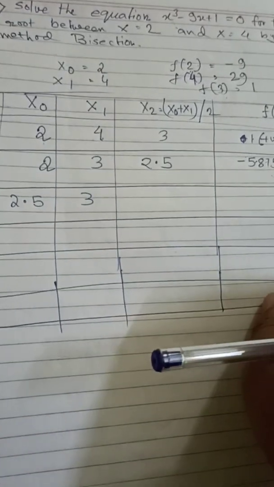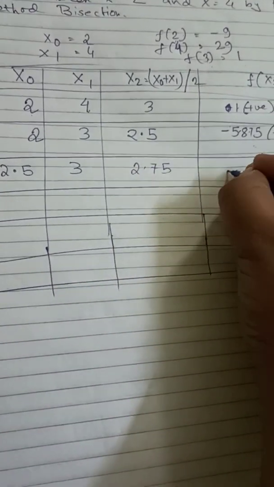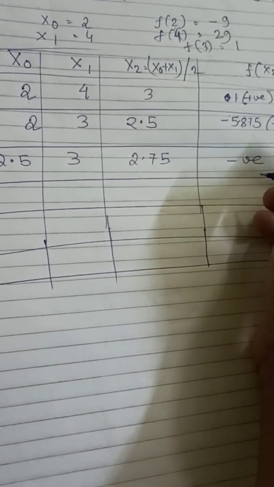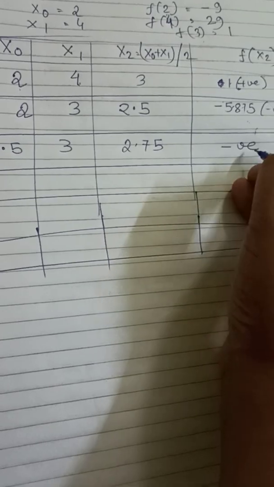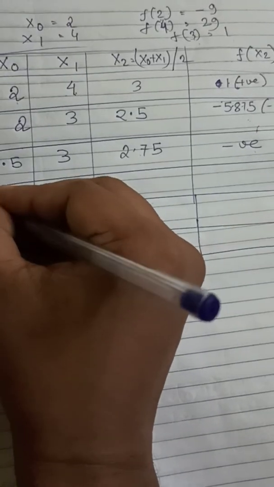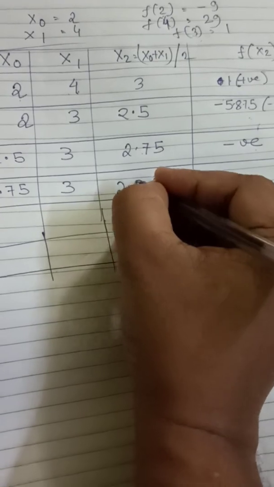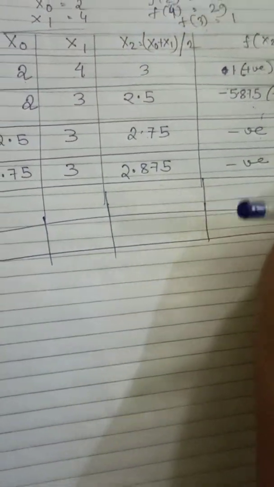Next the value of x2 will be 2.75, and this will again be a negative value. We just require whether it is positive or negative, not the exact value. So if this is negative, this value comes to this position. Then 2.75 and 3, and the value will be 2.875, and again this is negative.